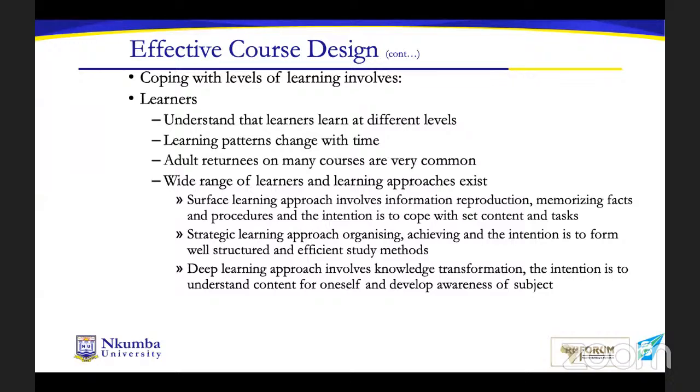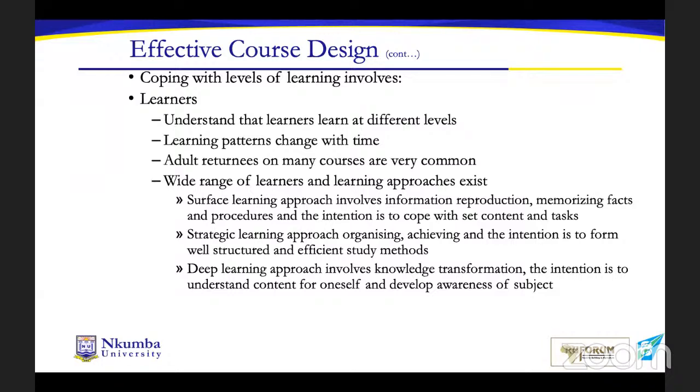But what we need to understand is that for a wide range of learners, there are several approaches out there that can support them. We have what we call the surface learning approach. This is one which involves information reproduction, that I give you information and you reproduce it the way I have given it to you.